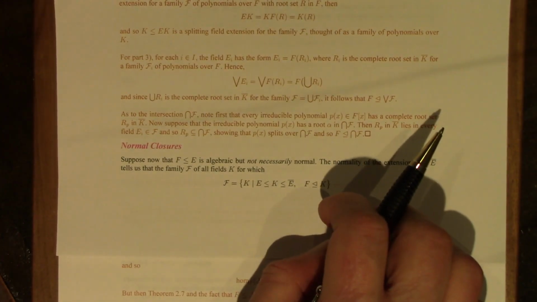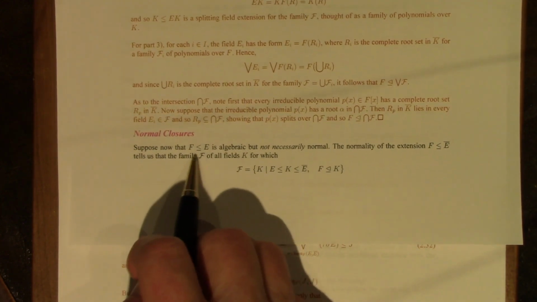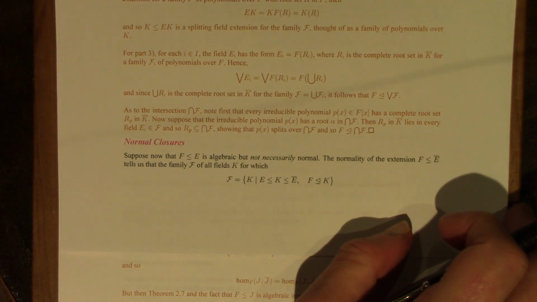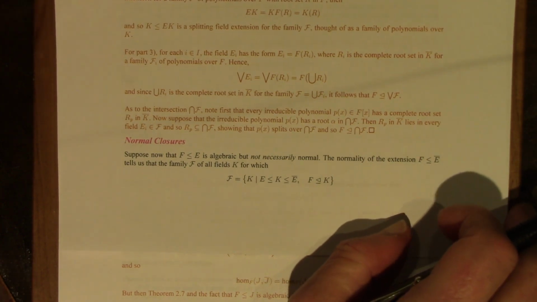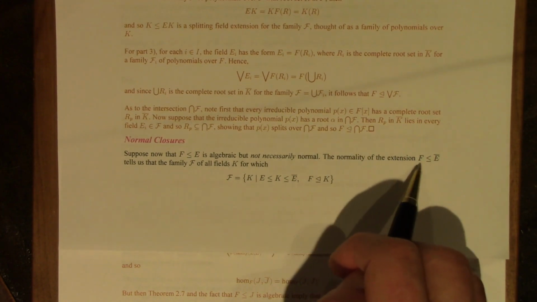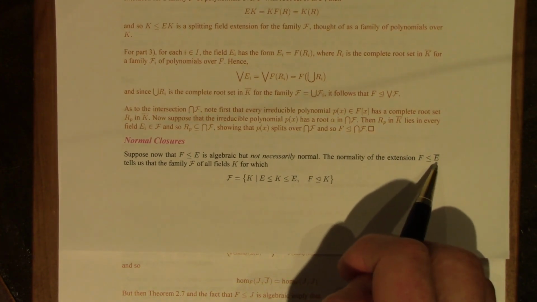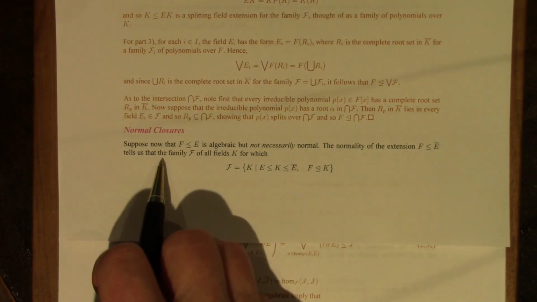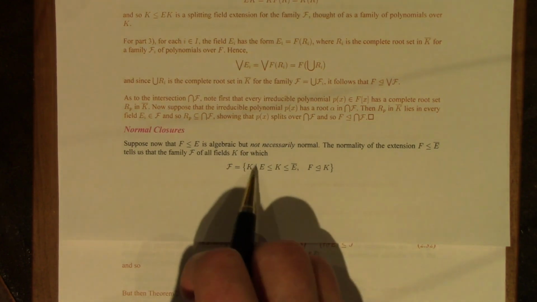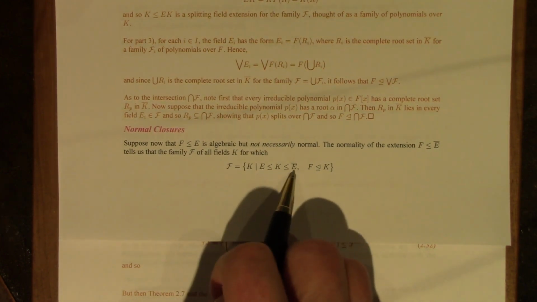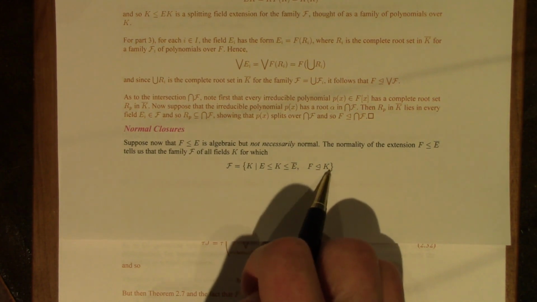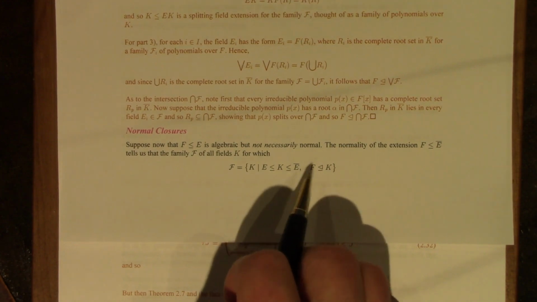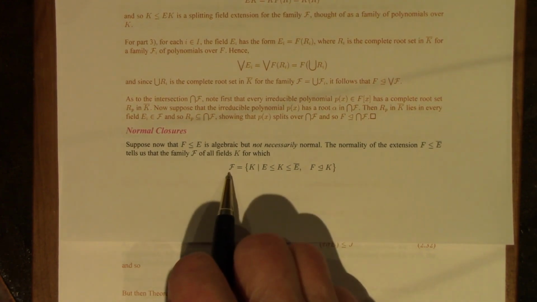Let us now suppose that we have an algebraic extension, but it's not necessarily normal. It might be by accident, but it may not be. The extension F E bar is normal. And so the family of all fields K that lie between E and E bar that are normal over F is non-empty, because E bar itself is in this family.